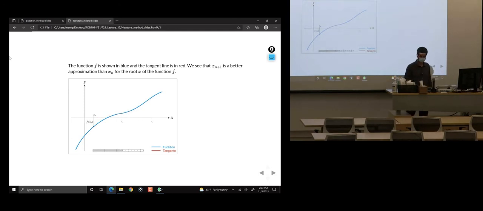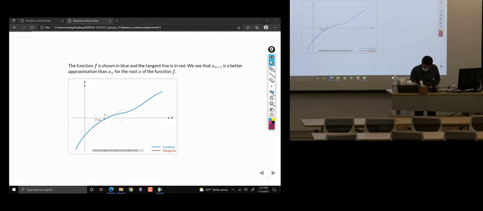This cartoon from Wikipedia is very good. It starts from x1, right? It finds the tangent line to the curve, then finds x2, then finds the tangent line. I wish I could pause this, but it's not possible.